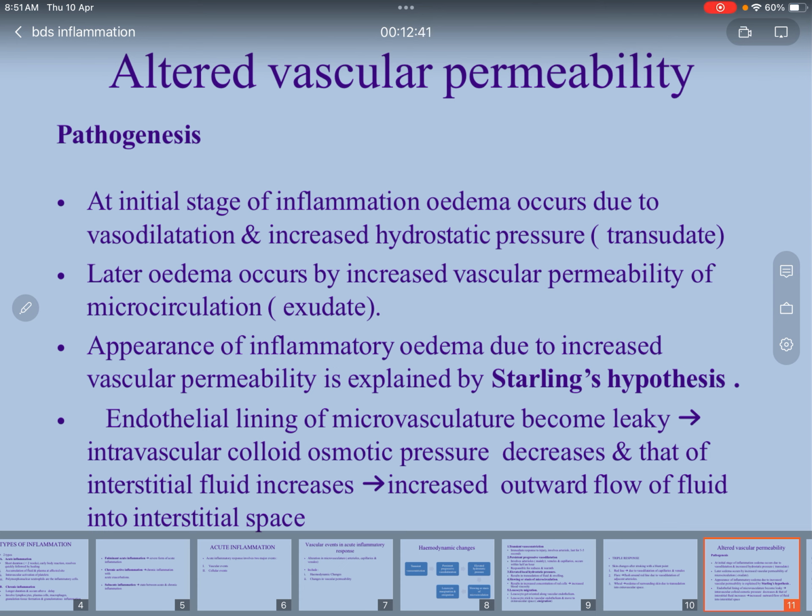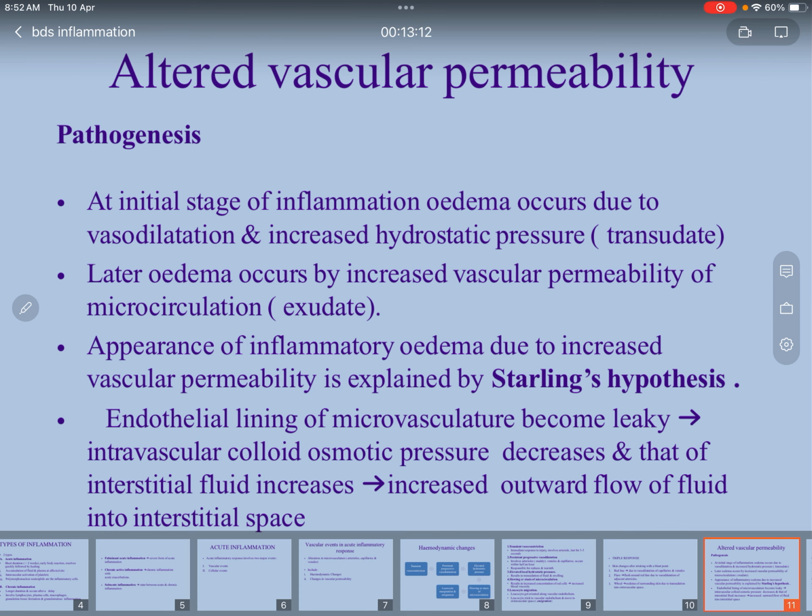Now we will deal with altered vascular permeability, the pathogenesis of altered vascular permeability. At the initial stage of inflammation, edema occurs due to vasodilatation and increased hydrostatic pressure, and this type of edema is called a transudate. Later, edema occurs by increased vascular permeability of the microcirculation, and this type of edema is called exudate.